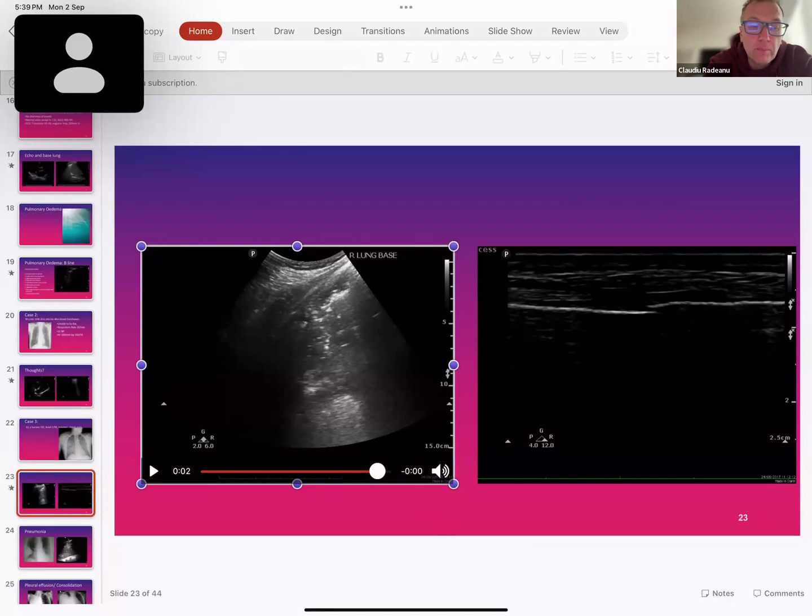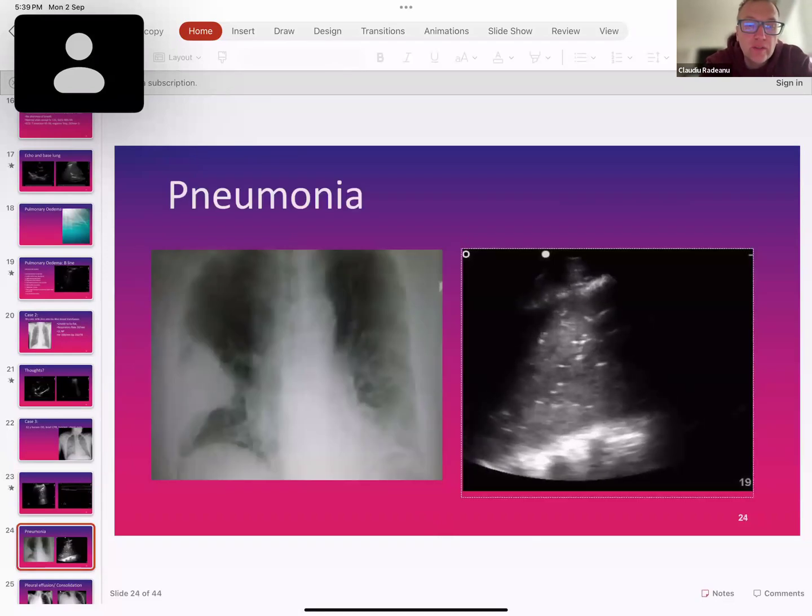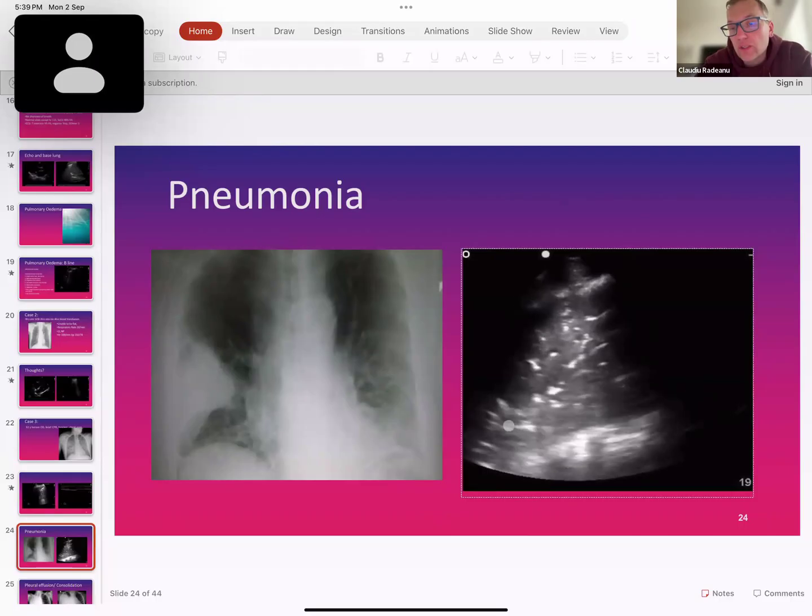So coming back now, how do they look? Pneumonia on the chest X-ray appears, for example, as a consolidation like this. But this is a typical aspect of a pneumonia on the ultrasound. So this is the spine here, and then you'll have increased echogenicity of the lung, and you'll see how the air goes through in the bronchioli.